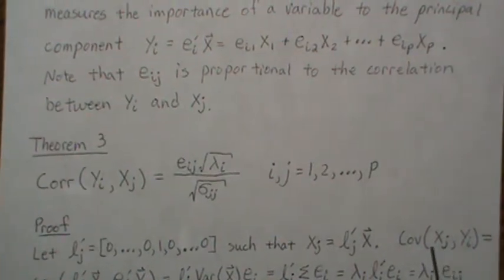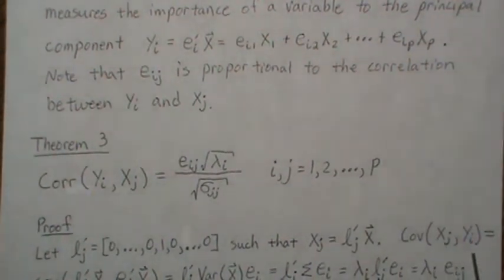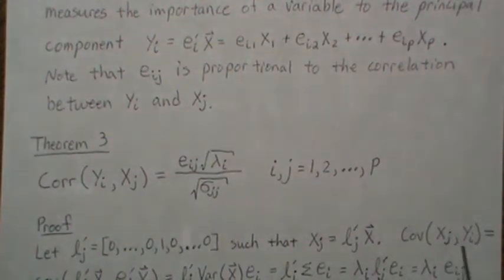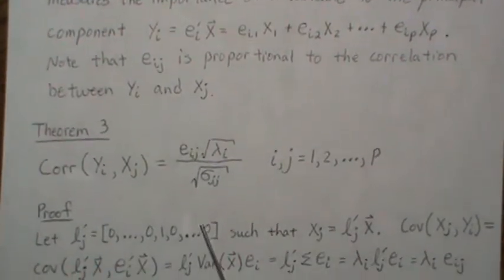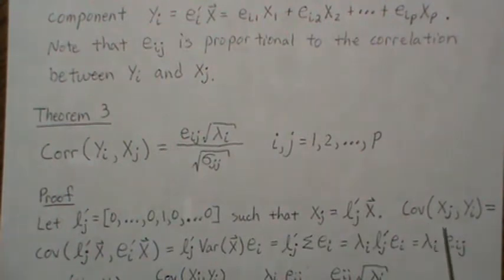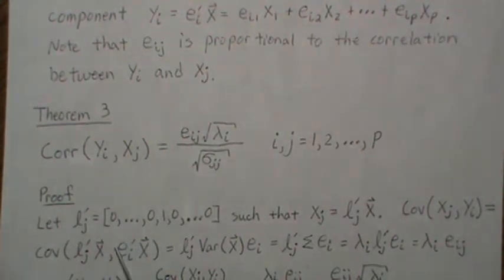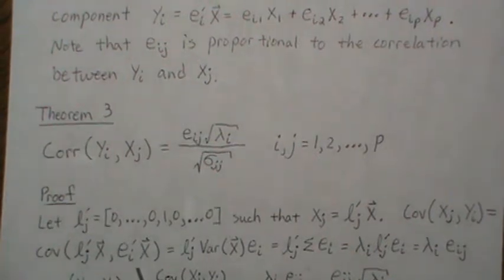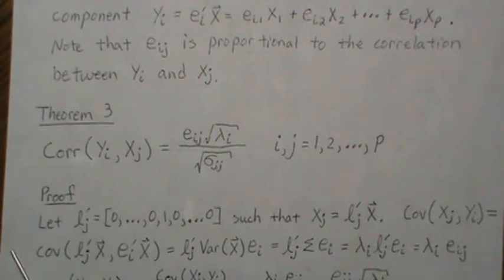Now the covariance between xj and yi, so this is the jth variable and the ith principal component. Notice it's the covariance, not the correlation, and it is equal to this. So we replace xj with this linear combination, and we replace the ith principal component with this, and that allows us to take those vectors out front and transpose them out back, and that's what we get here.